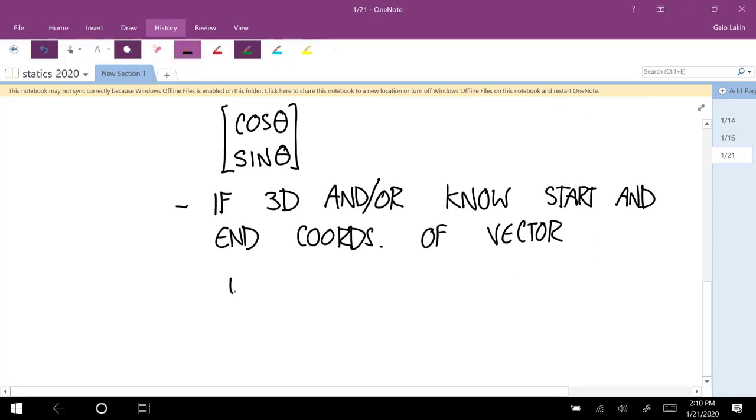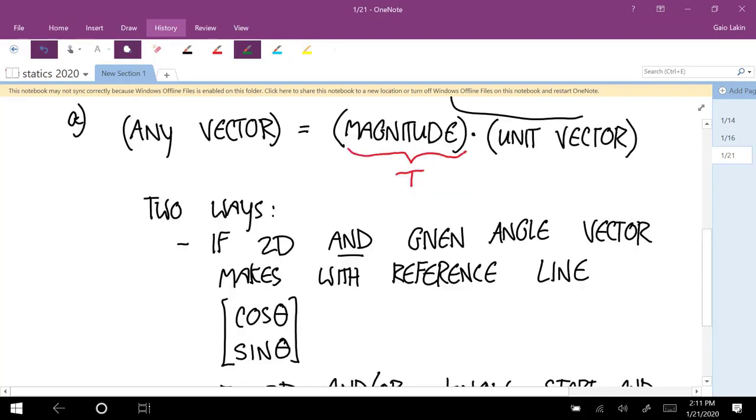Then you'll do it as u equal to b minus a, and then the unit vector is equal to 1 over the magnitude of u times the vector u. So those are the two ways to calculate that unit vector.